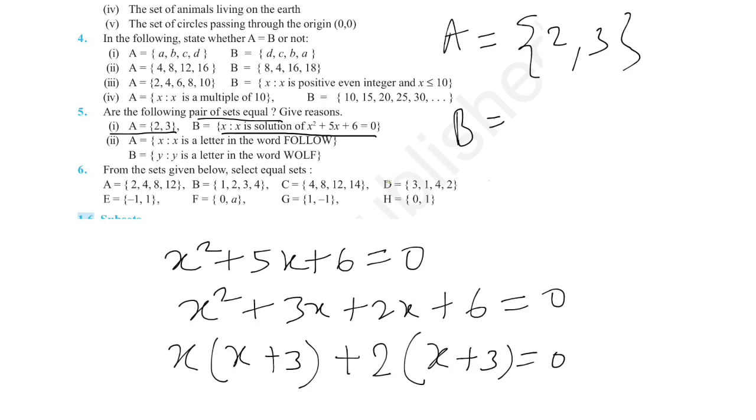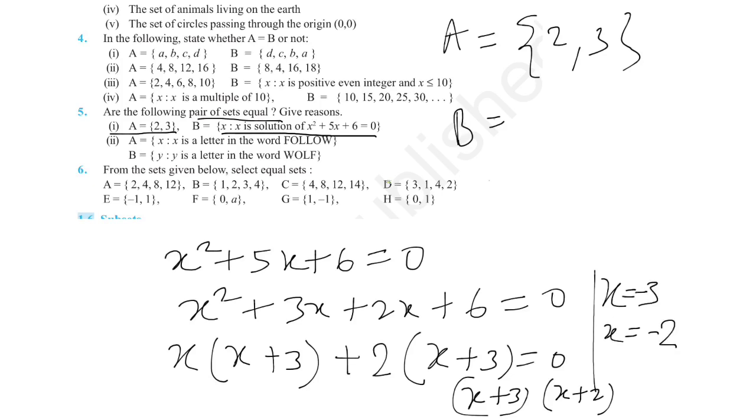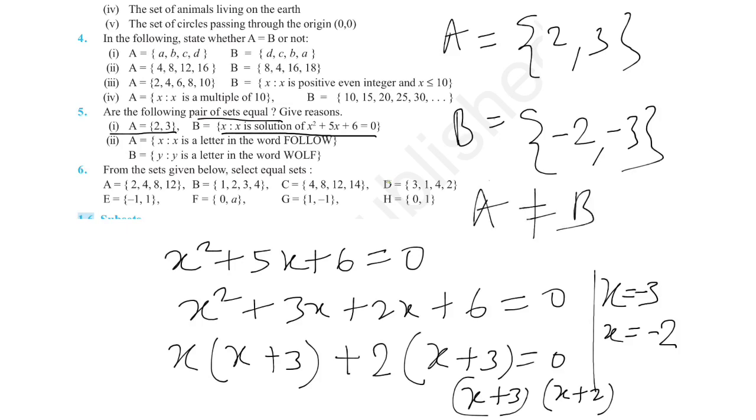So x plus 3 and x plus 2 are factors of this equation, which gives the values of x as minus 3 and minus 2. So the elements of set B are minus 2 and minus 3, and we can simply say that A is not equal to B because the elements of A are positive 2 and 3, and the elements of B are negative 2 and negative 3. So A is not equal to B.